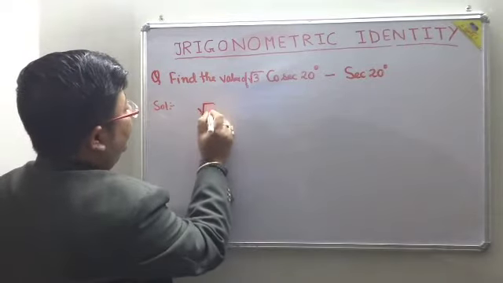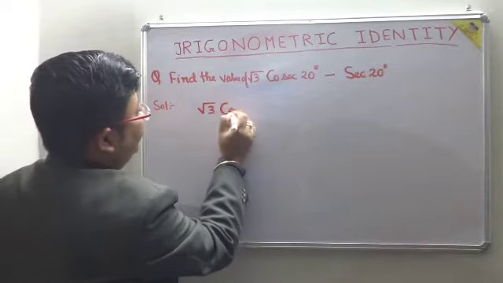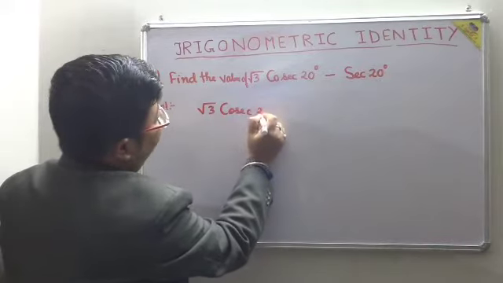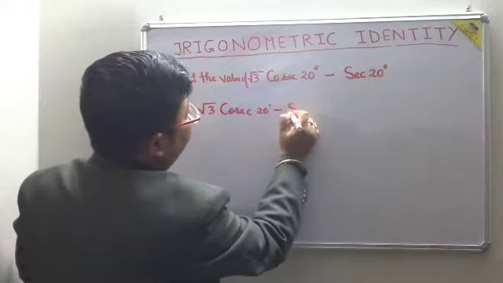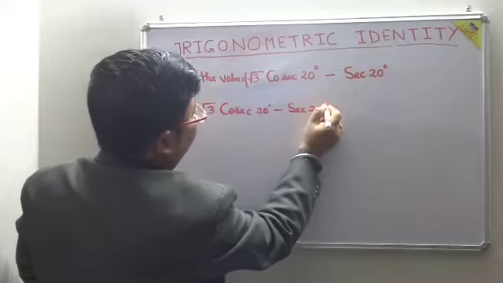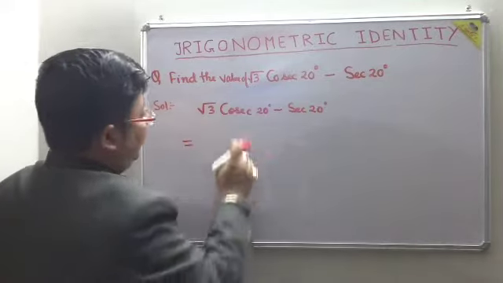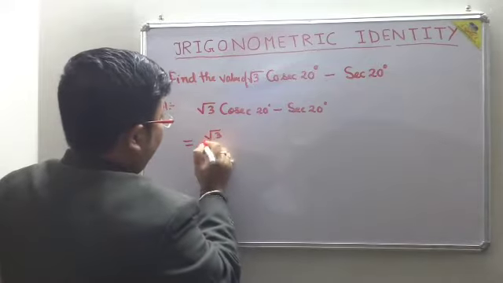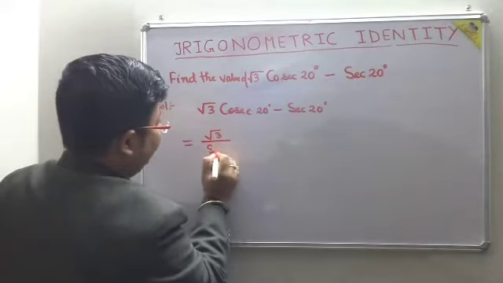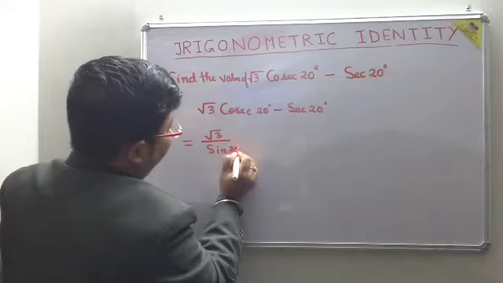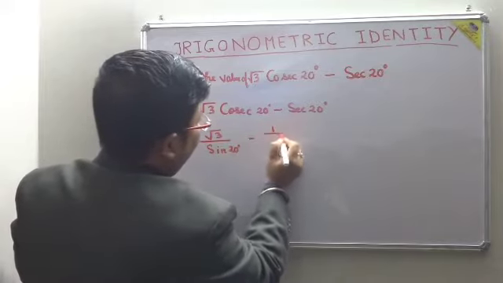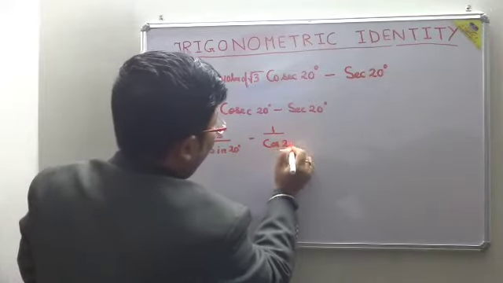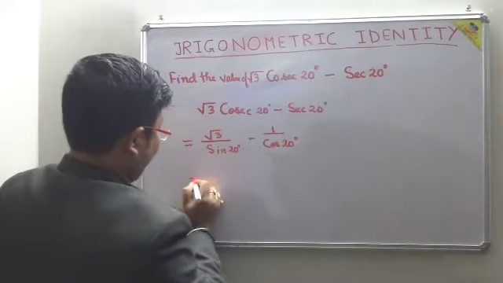Come here. Root 3 cosec 20 degree minus sec 20 degree. Just make it sine and cos. Root 3 times 1 by sin 20 minus 1 by cos 20. Now take the LCM.